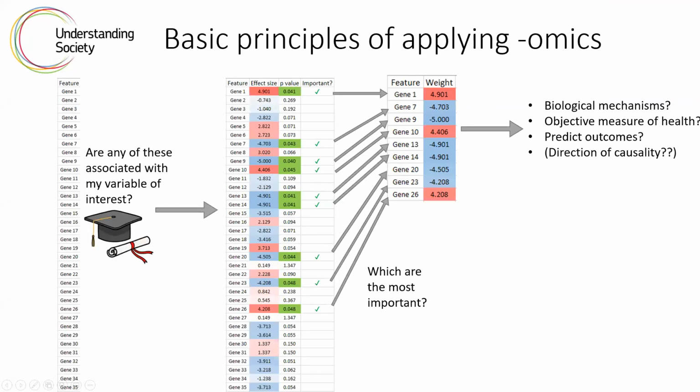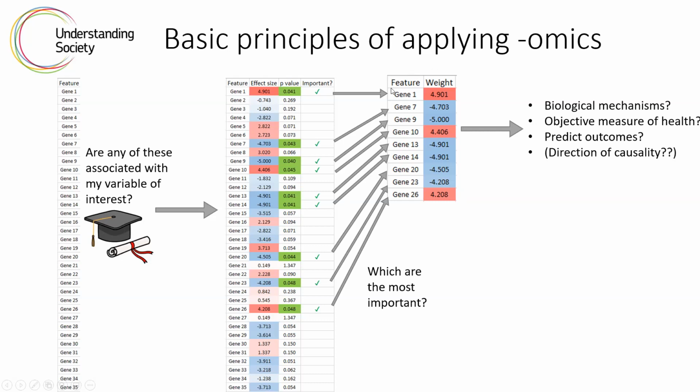So I've tried to summarize the basic principles that you apply in omics. So you start off with your long list of genes or proteins or whatever the feature is that you're measuring. And then one by one, you find out whether they seem to be associated with your variable of interest, so educational attainment, for example. And then as a result of your analyses, you'll get your significant hits, which will have your low p-values, and you'll get your effect size. So then using the p-values, you can pick out the genes or proteins or whatever it is that's most important.